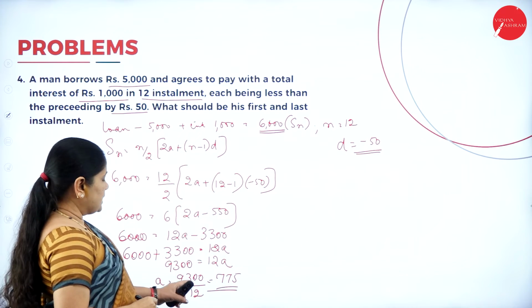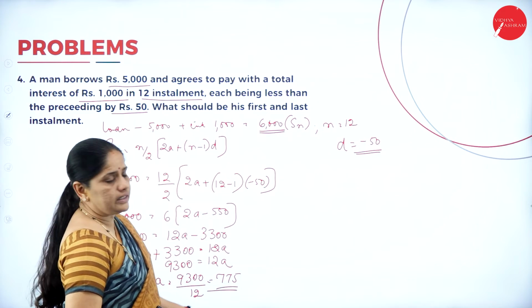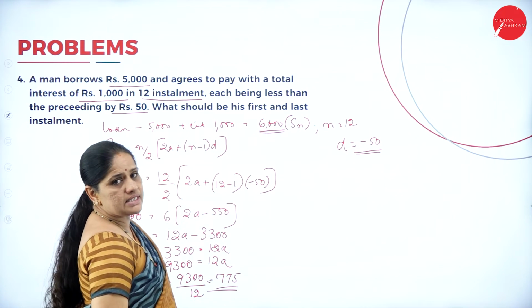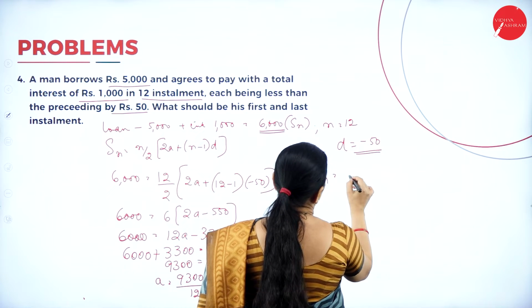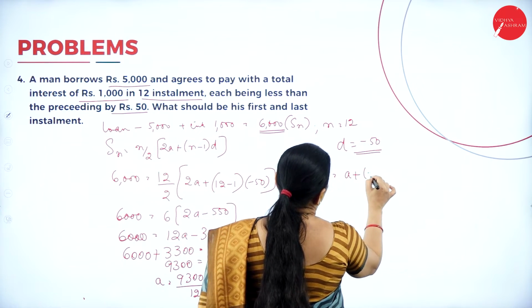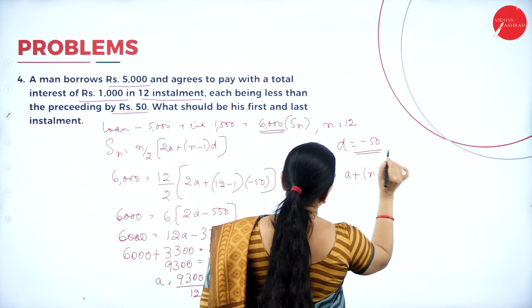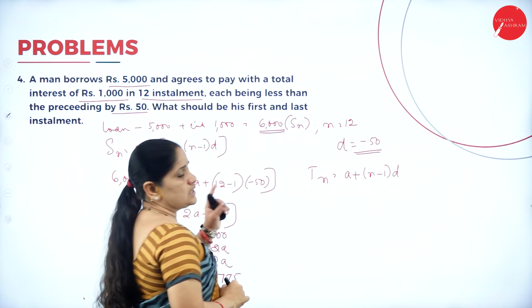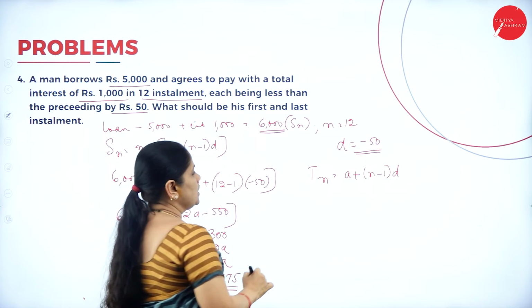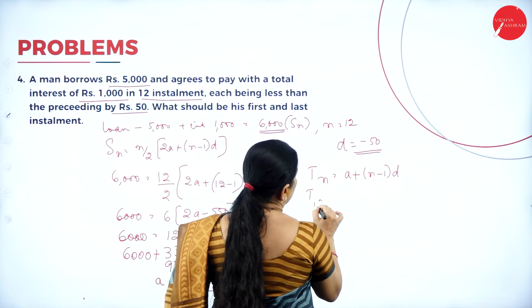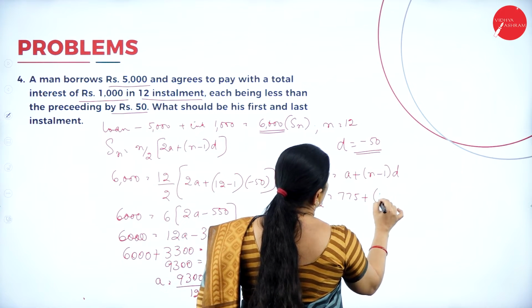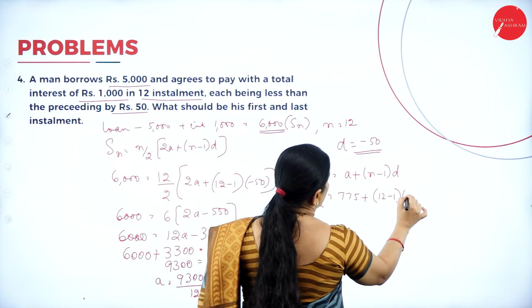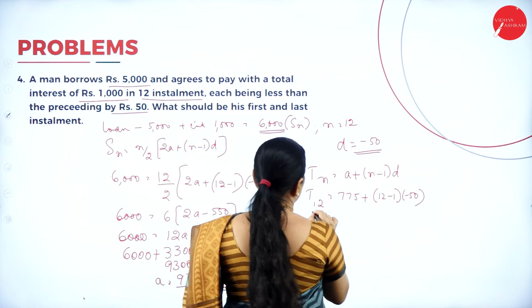So A equals 9,300 divided by 12. I get 775. Now I use the formula Tn equals A plus n minus 1 into D. So I want the 12th installment. So T12 equals 775 plus 12 minus 1 into minus 50.